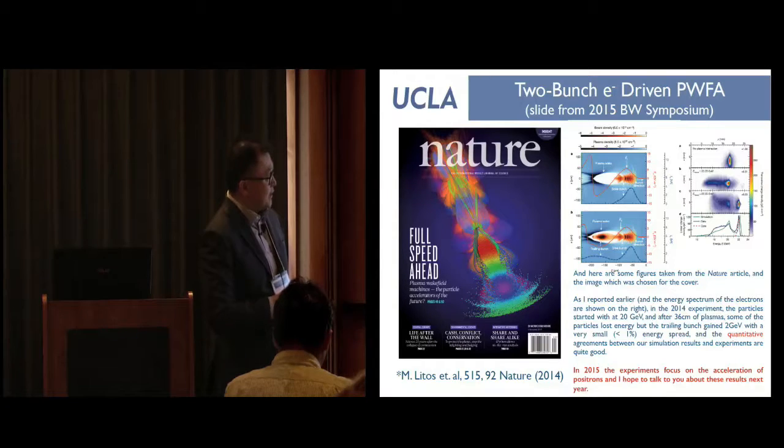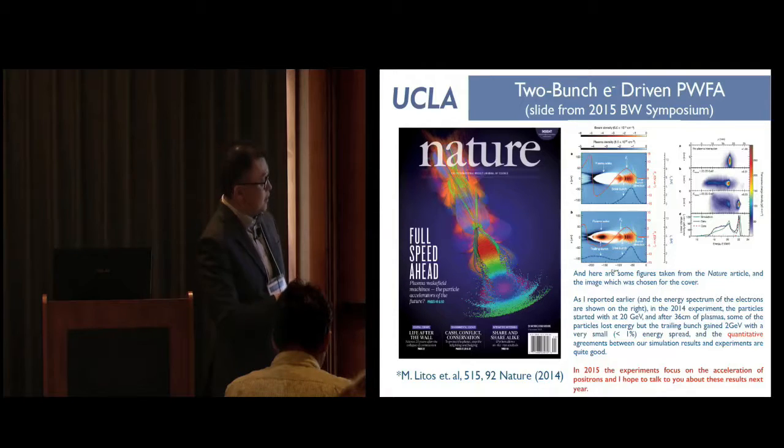What's done at SLAC is that they send 2 electron beams into a plasma that is about 36 centimeters long. In the 2-bunch experiment, they both start out at an energy of about 20 GeV, and one bunch loses energy.